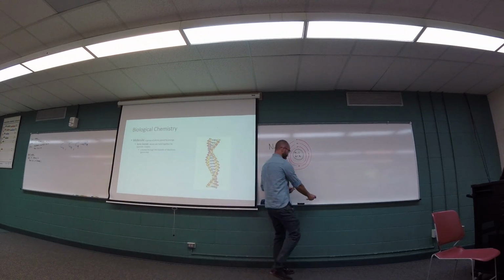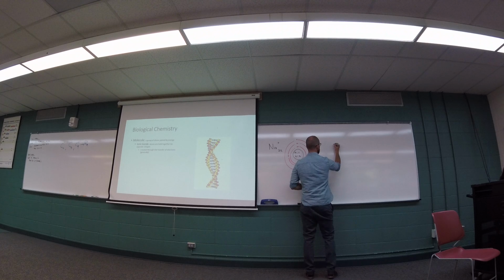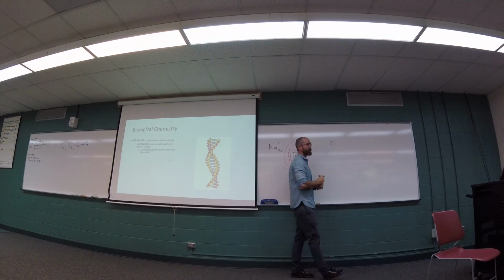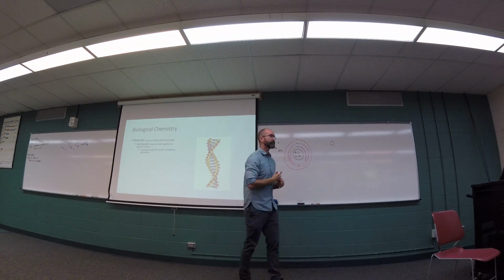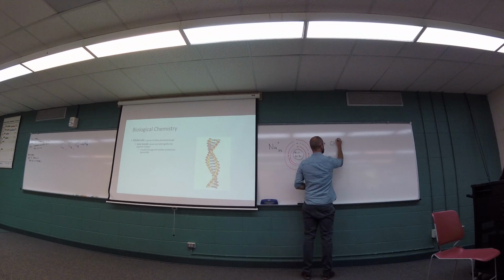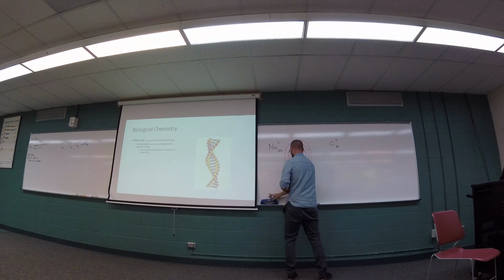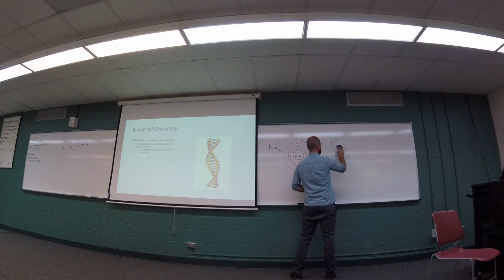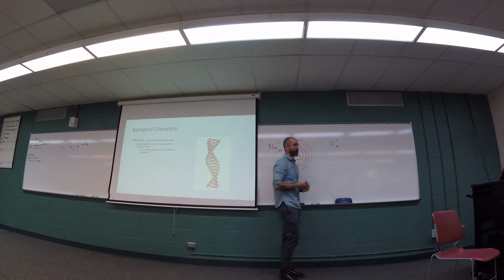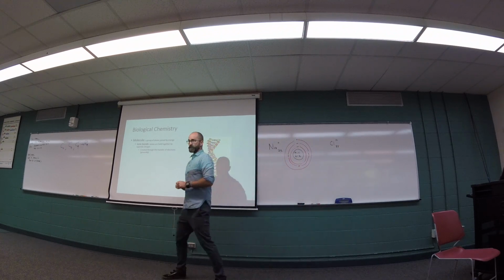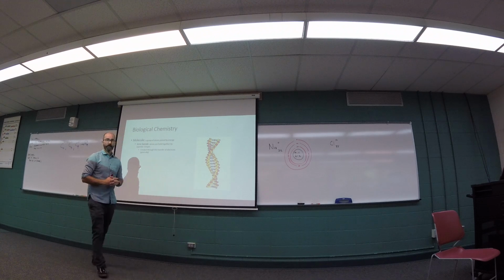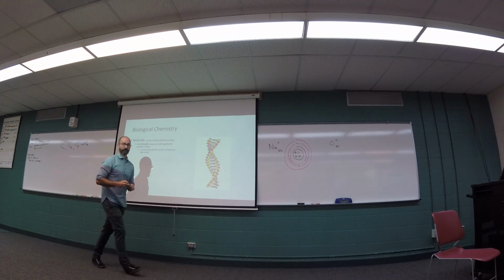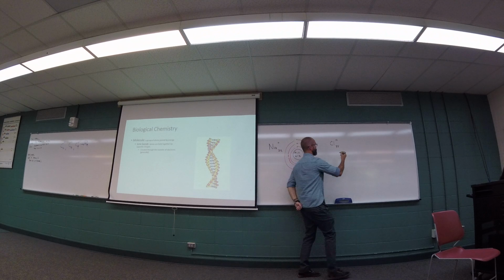There's another element called chlorine, and it has an atomic number of 17 and an atomic mass of 35, not 38. So chlorine has how many protons? 17.